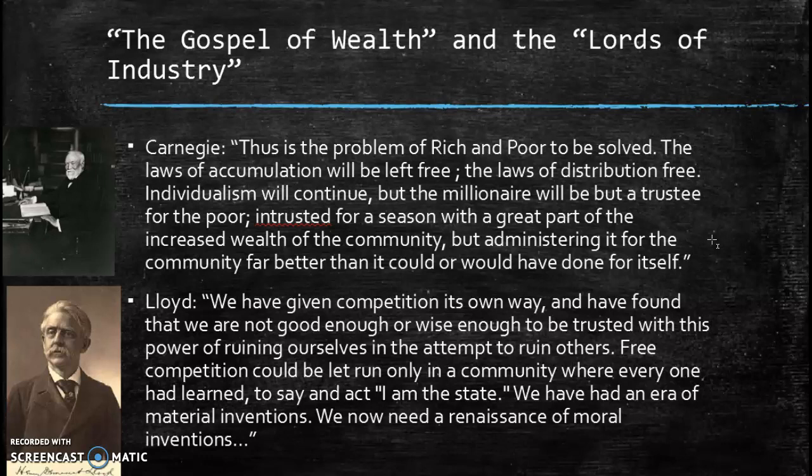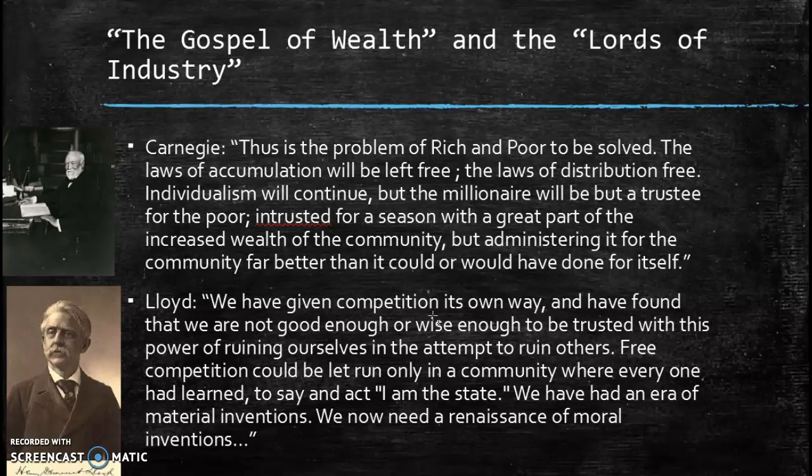However, on the other hand, we have a lot of other voices from the Gilded Age saying, we can't just trust a few rich people to run things for the good of everybody else. So you'll see that Lloyd, in the other document you're going to read, is going to say that we, people, are not good enough or wise enough to be trusted with this power of ruining ourselves in the attempt to ruin others.